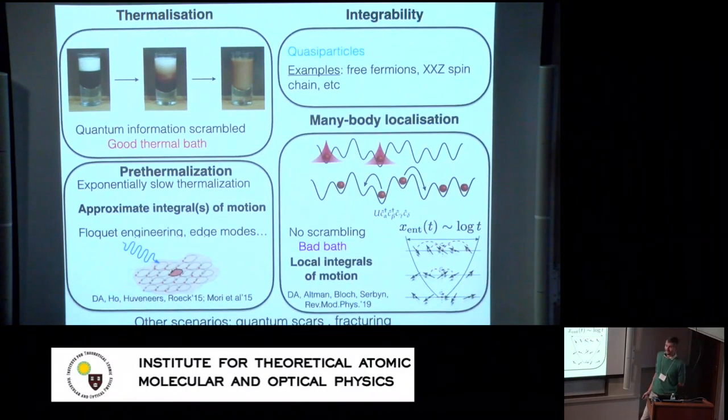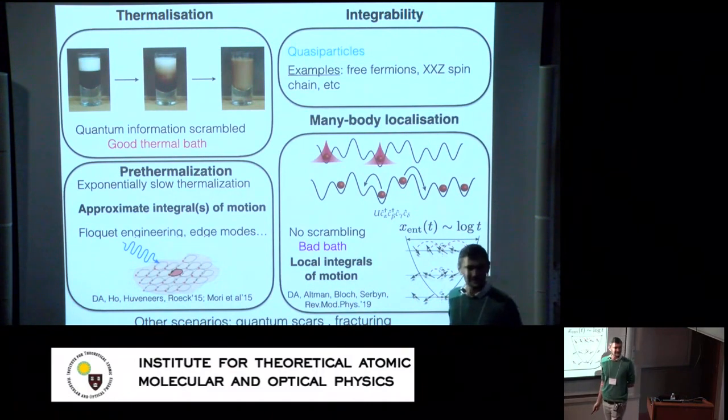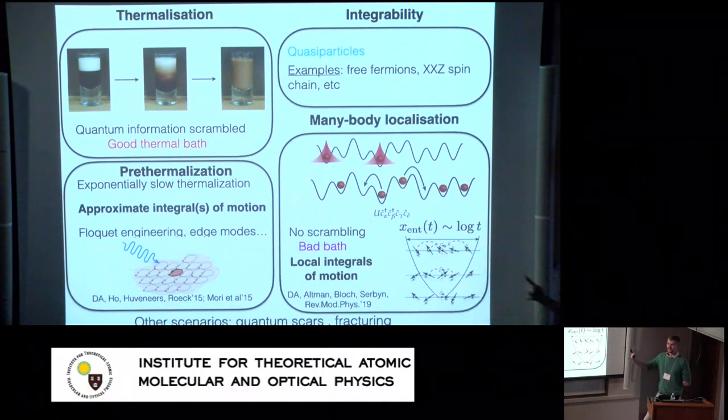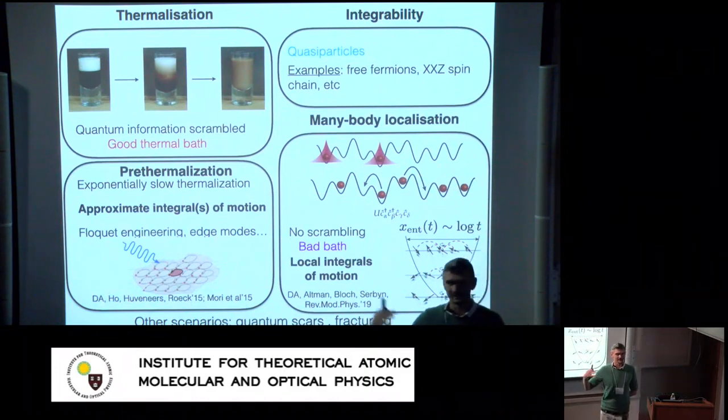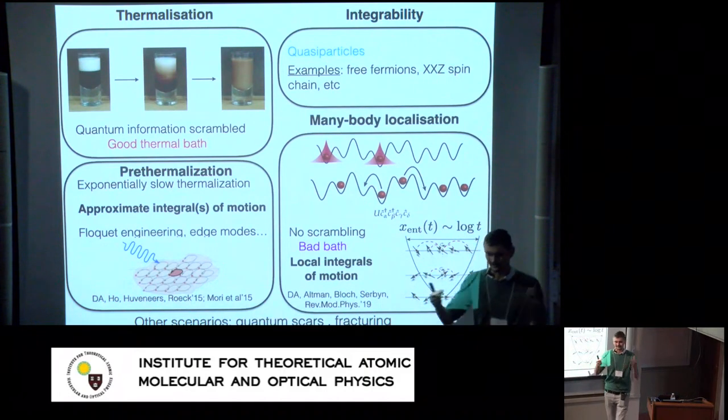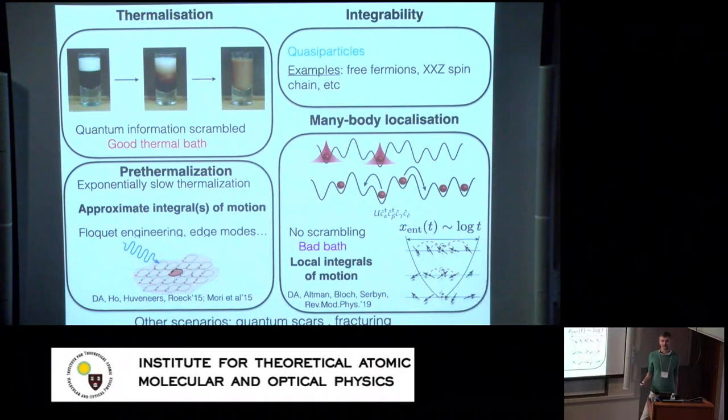And there are a few very different possibilities. Of course, there is one very classic way not to thermalize, which is integrability. So, for example, if you have particles which are non-interacting, right, each particle occupation number is an integral of motion, the system doesn't thermalize. Or if you have certain spin chains which are very symmetric, right, which are Bethe ansatz integrable, they do not thermalize.